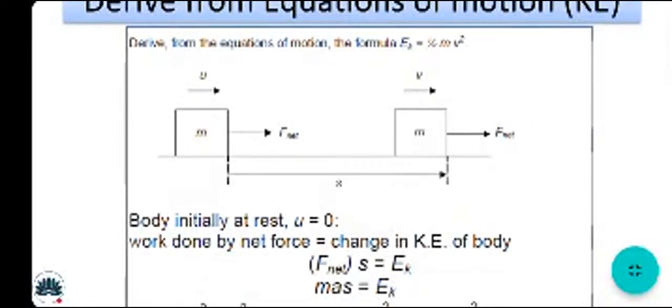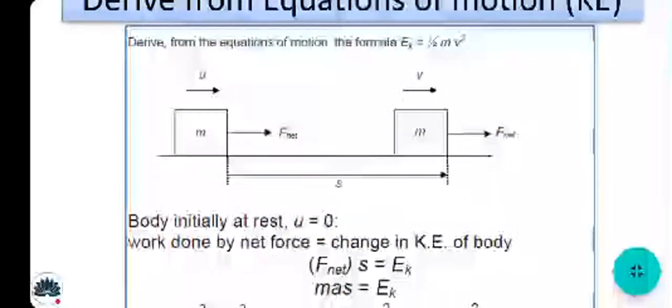The body is initially at rest, meaning the initial velocity must be zero. Work done by the net force is the change in kinetic energy of the body. What does it mean? As I told you at the start of this chapter in the previous live session, work done is equal to change in energy. What is kinetic energy? Kinetic energy is the energy.